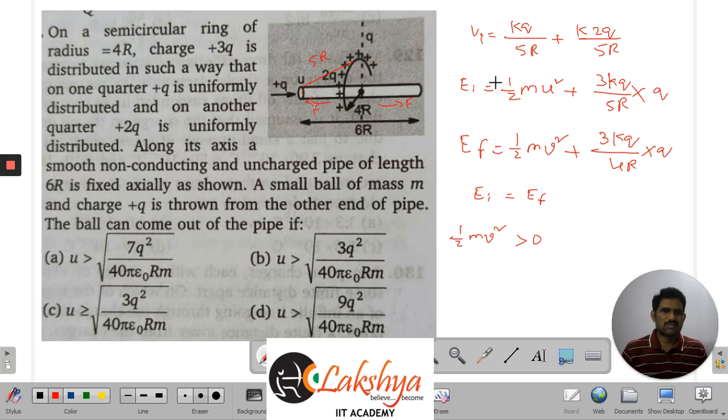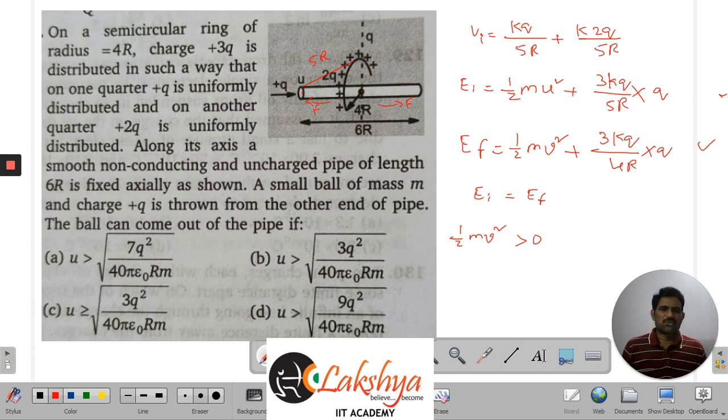So this is the initial energy expression and this is the final energy expression, and we are applying the conservation of energy to get the initial velocity condition. We are taking the kinetic energy at this point to be slightly greater than 0, so that it can cross that point.